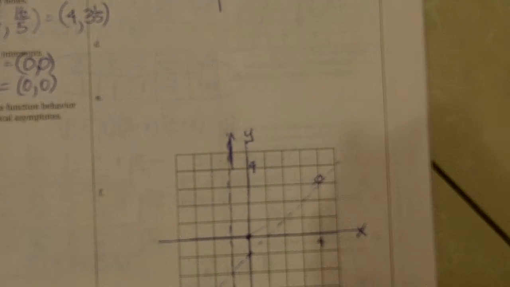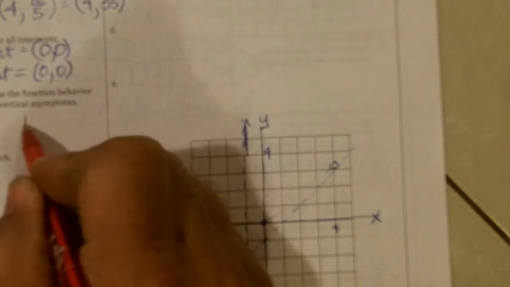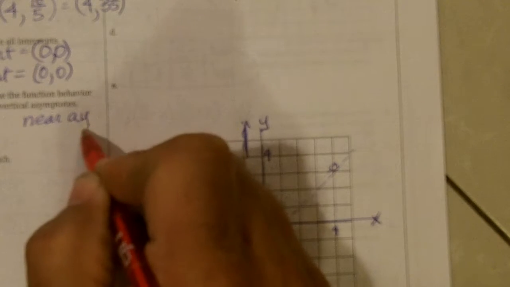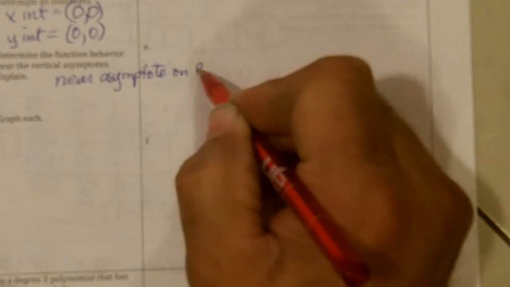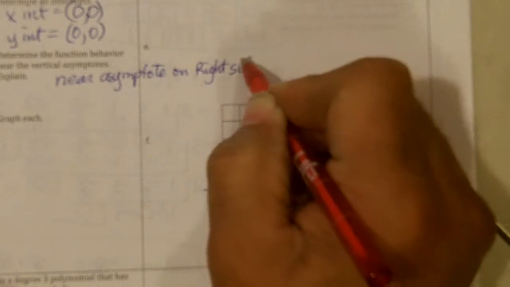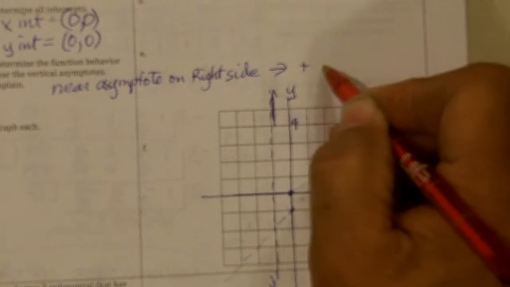And so near the asymptote on the right side goes to positive infinity.